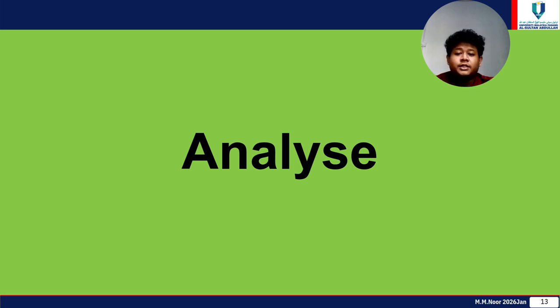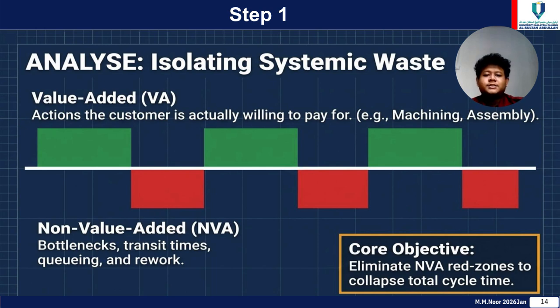Once we have clean data, we enter phase 3, analysis. Step 1 centers on isolating systemic waste by categorizing every action into two categories. First is value added, or VA. These are steps that transform raw materials into final product, action the customer is genuinely willing to pay for, such as precise machining or structural assembly.